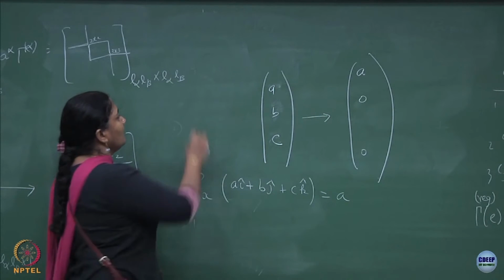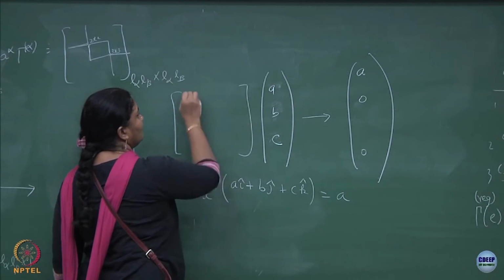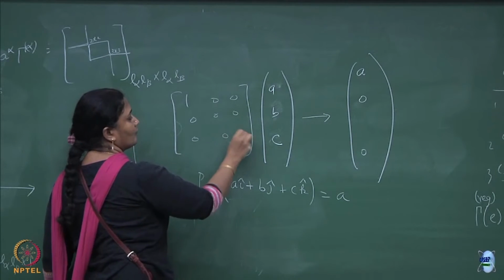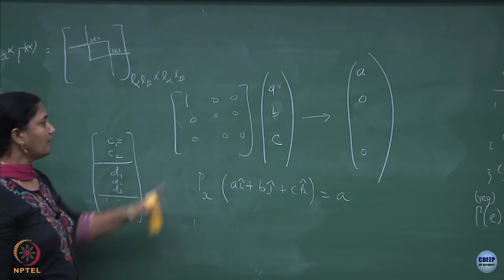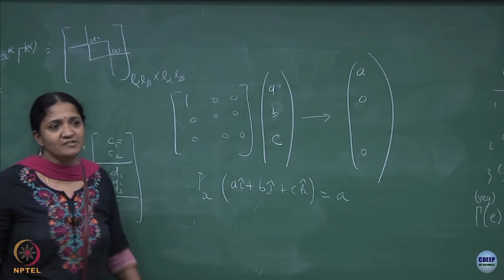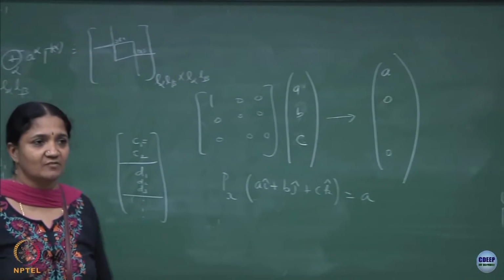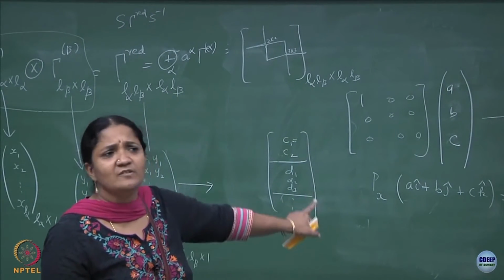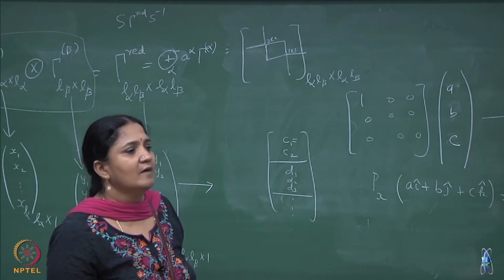How do I do it in the matrix? I just put a matrix. This is the matrix representation for the projection operator in your conventional 3-dimensional vector space to project you onto the x component. What is the rank of this matrix? It is 1.